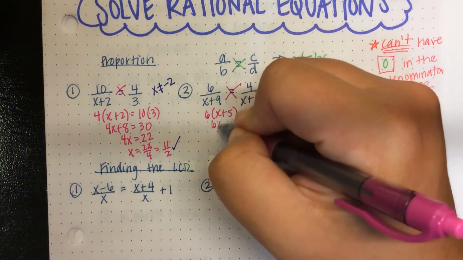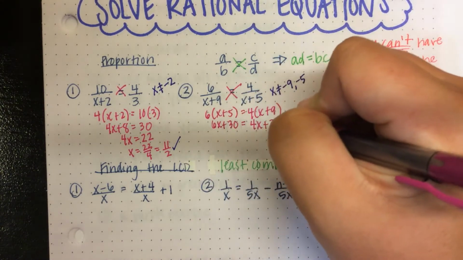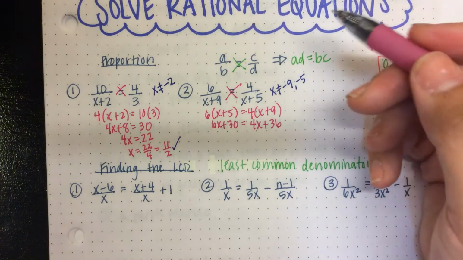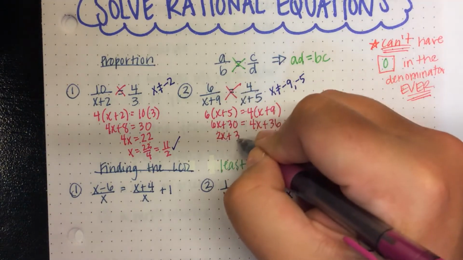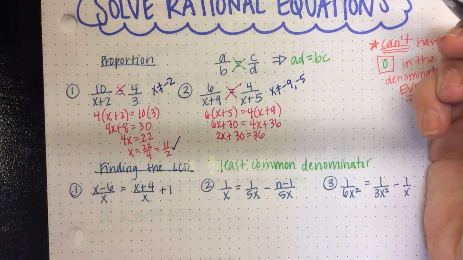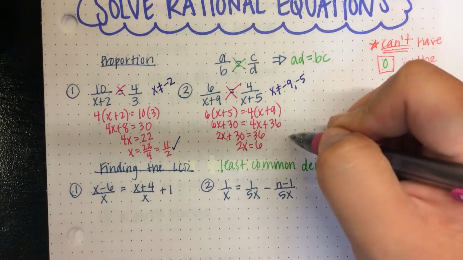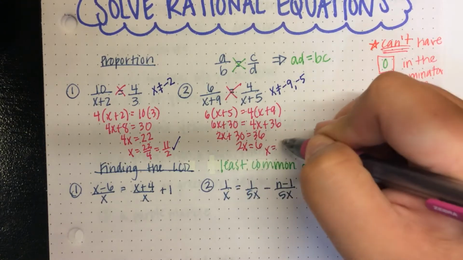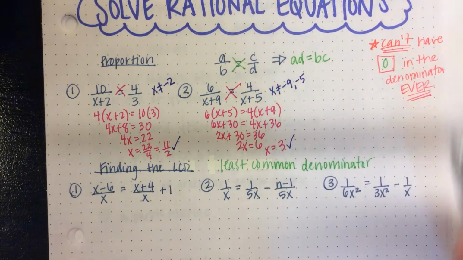Distribute, 6 times X, 6 times 5, 4 times X, 4 times 9. Got to get X on the same side, so I'm going to subtract the 4X over. So I get 2X plus 30 equals 36. Subtract the 30. 2X equals 6, divide by 2, X equals 3. I did not get one of those excluded values, so we're good.